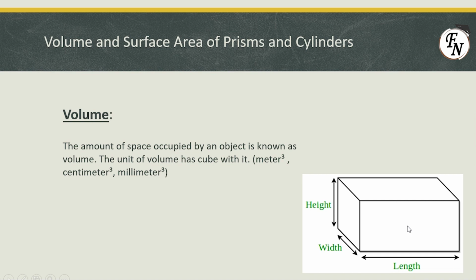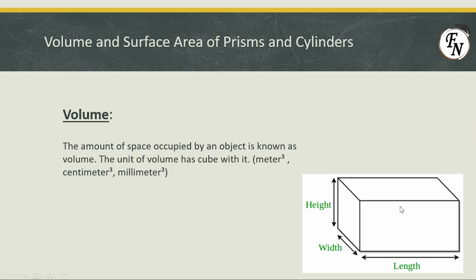Or if I need to color the whole box, I can calculate all the areas and sum them up to find the surface area. But when I talk about the internal space, if I need to put something in this box, let's say it is a water tank and I need to pour water in it, how much water this box can contain, I can find in terms of volume. So the internal space is known as volume. So this is the basic fundamental need to calculate surface area and volume.